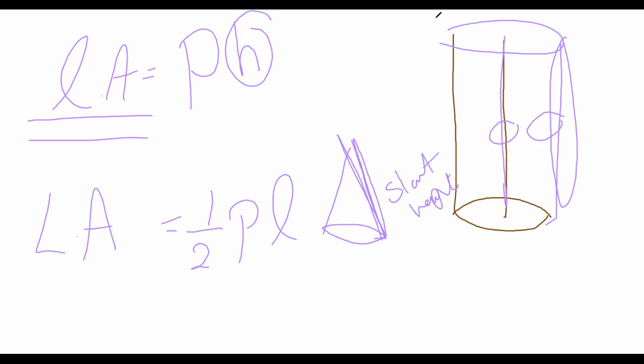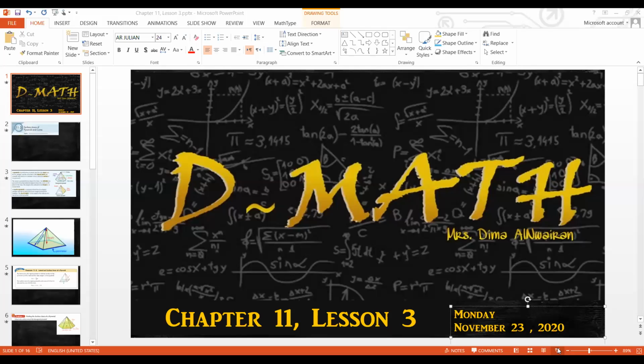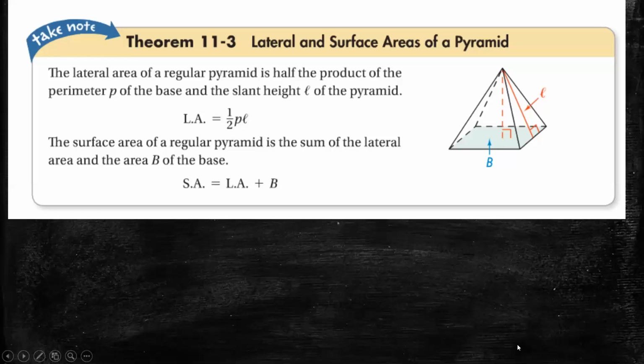In the pyramid or the cone, we said that to find the surface area, we add the lateral area, which is half the perimeter times the slant height.